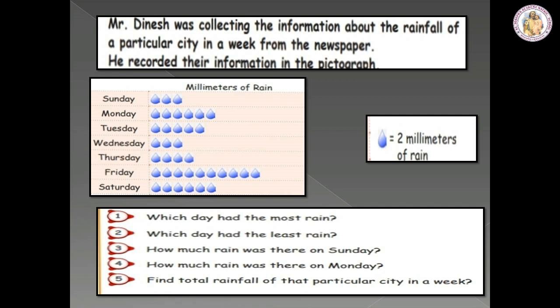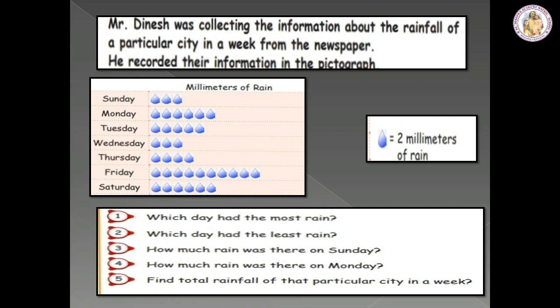We should always know the first day of the week is Sunday. It's not Monday. So one raindrop is equal to 2 milliliters of rain.